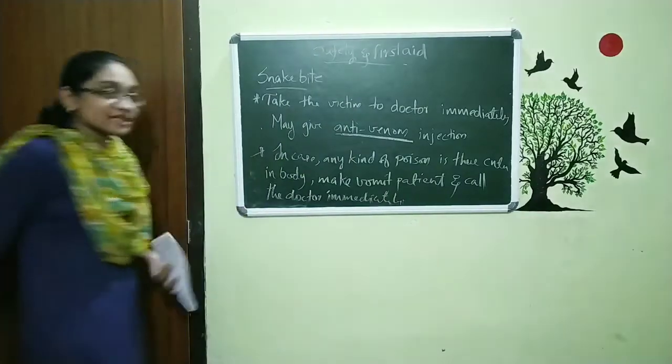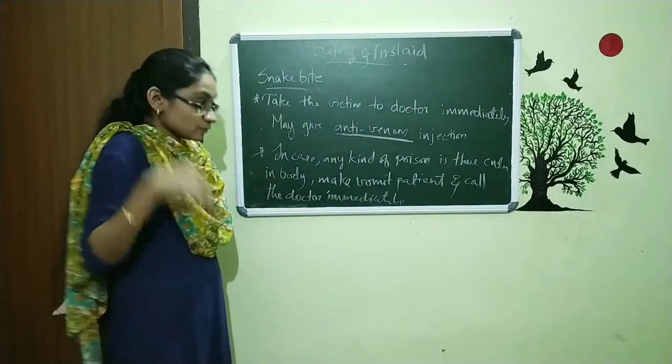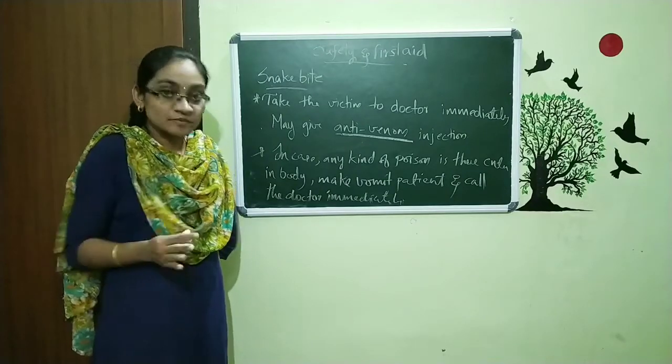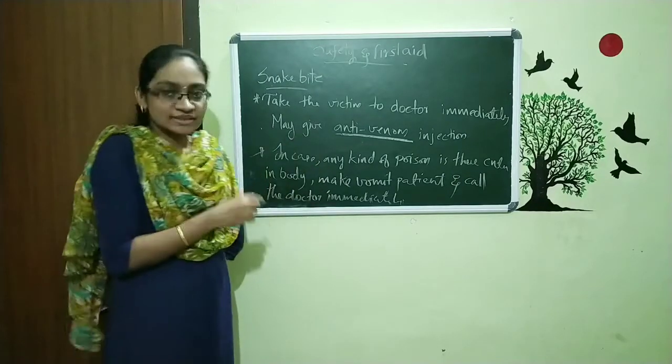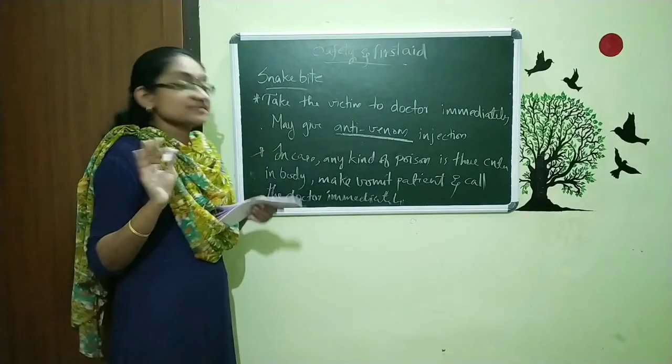This is actually a general point that in any case, any type of poison is there in our body, make the patient vomit and then call the doctor immediately. So this is all about the first aid in our chapter.